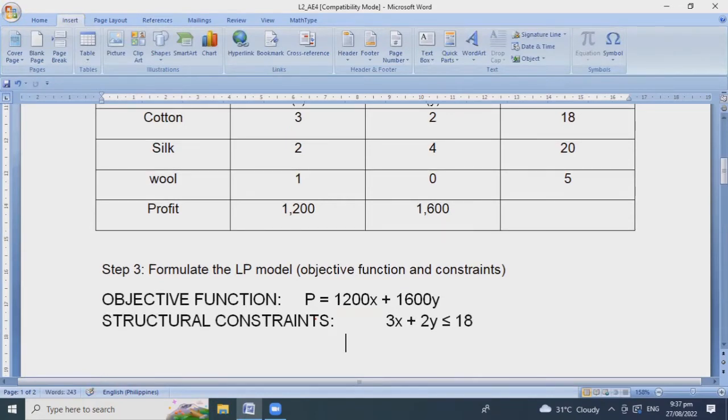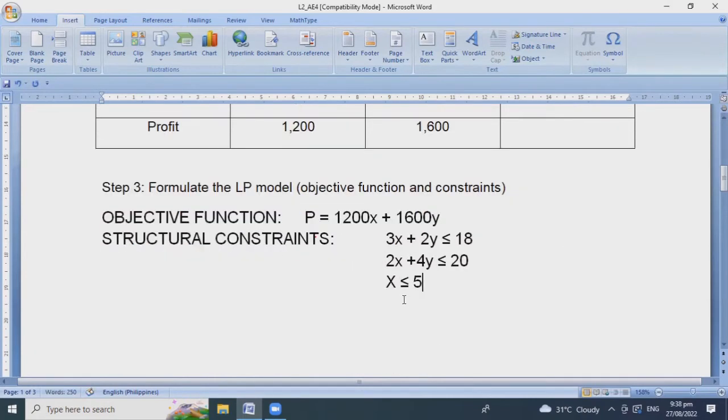Then for silk, we have 2x plus 4y less than or equal to 20. And then for wool, just 1x because given 1. Sa design B, wala siyang wool. So 1x, just x, invisible 1, less than or equal to 5. Okay, so here are our inequalities.